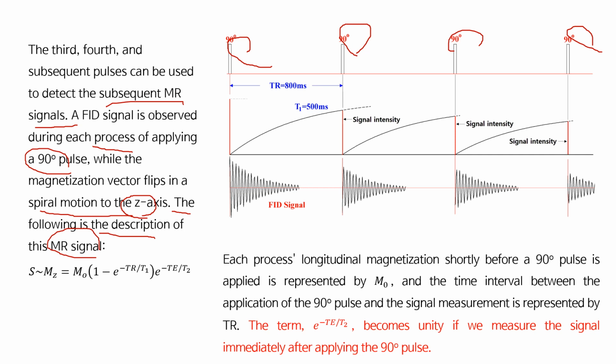During TR, longitudinal magnetisation is recovering, and at that moment, if we apply the second 90-degree pulse, then this signal can be detected. The longitudinal magnetisation shortly before each 90-degree pulse is applied is represented by M0.